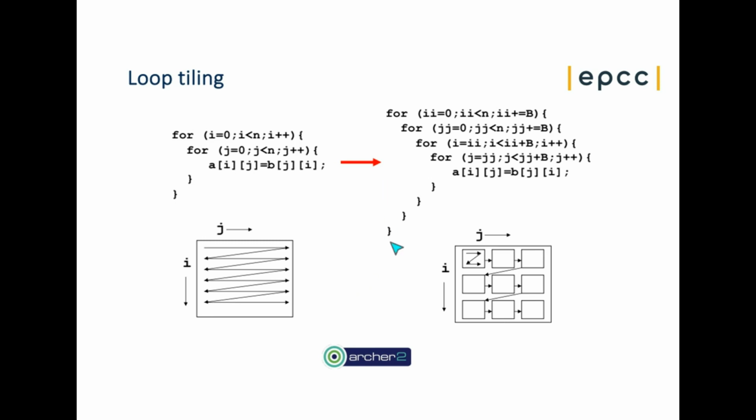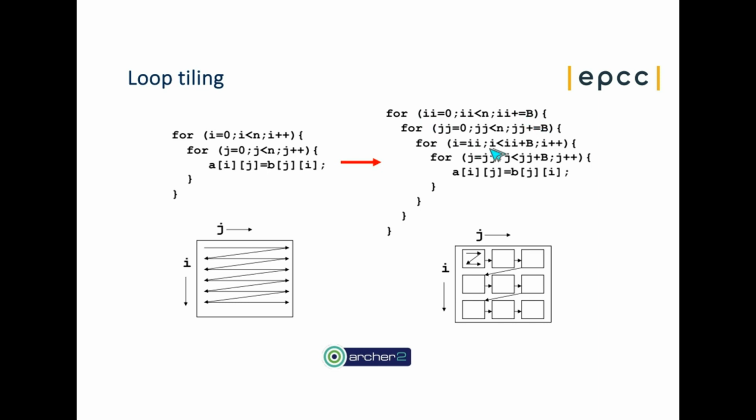The idea of loop blocking is to break this up into little blocks and then iterate across the little blocks. What we're going to do is introduce two extra loops here. We have an outer II loop, which is going to do the I blocks, and a JJ loop, which is going to do the J blocks, and these have strides of length b, which is the block size.